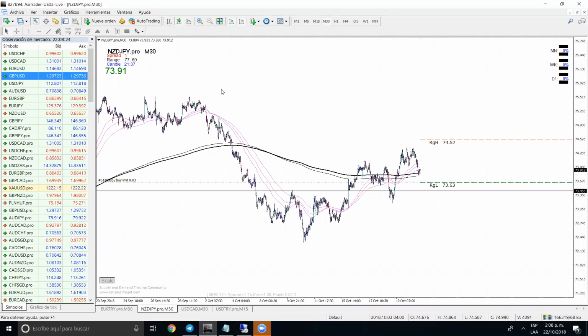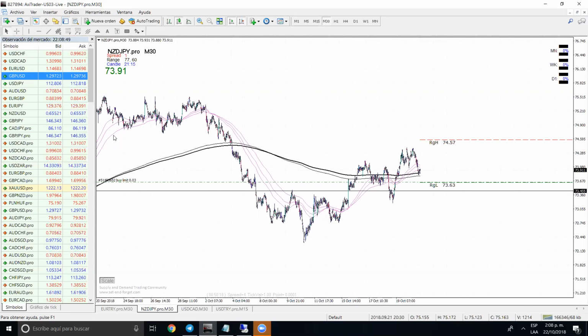The chart is so simple. I usually work in one time frame, M30. This is the one time frame that helps me to trade intraday and swing trade. I don't need to change to different time frames because I changed some parameters, calibrated by myself.